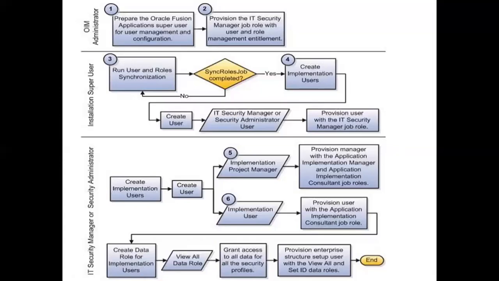Then that role will be assigned access towards security. Once that is done, you create all the different implementation users, which will take care of different projects, like the project management or the consultant job role.